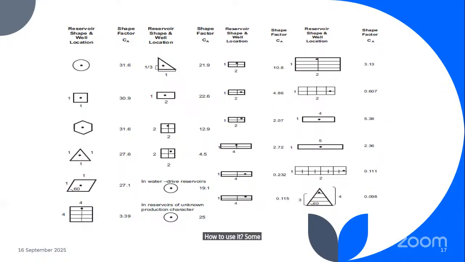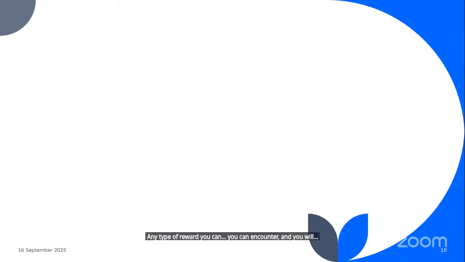Some investigators or researchers gave you CA, the shape factor, for every type of reservoir and every well placement in the reservoir, so you can use it with this general form. It doesn't restrict you to the very first one, which is a radial reservoir and very simple. Now you can have any type of reservoir you can encounter, and you calculate productivity easily.